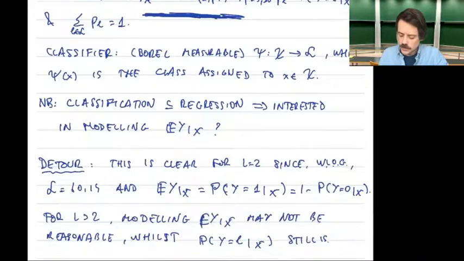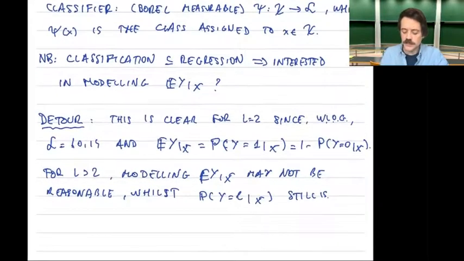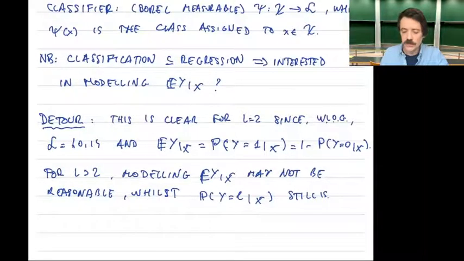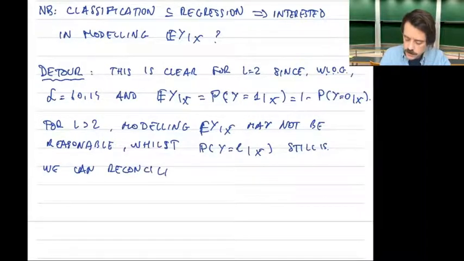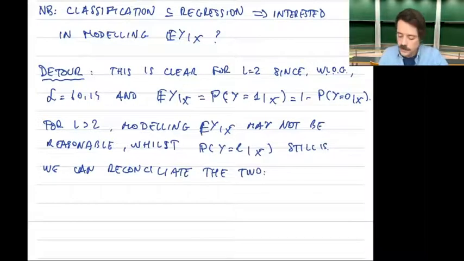So if classification is a special case of regression, then how do we reconcile these two things? We can reconcile the two views, or the two ideas.